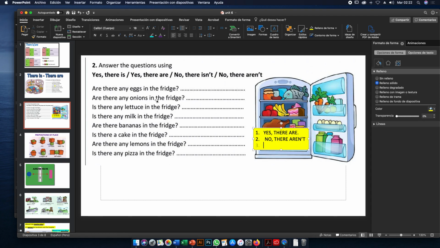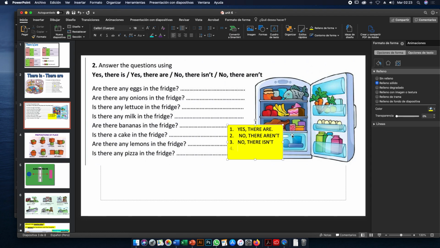Number three, is there any lettuce in the fridge? Any lettuce? How do you say lettuce in Spanish? Lechuga. So here I cannot see any lettuce. So I say no, there isn't.